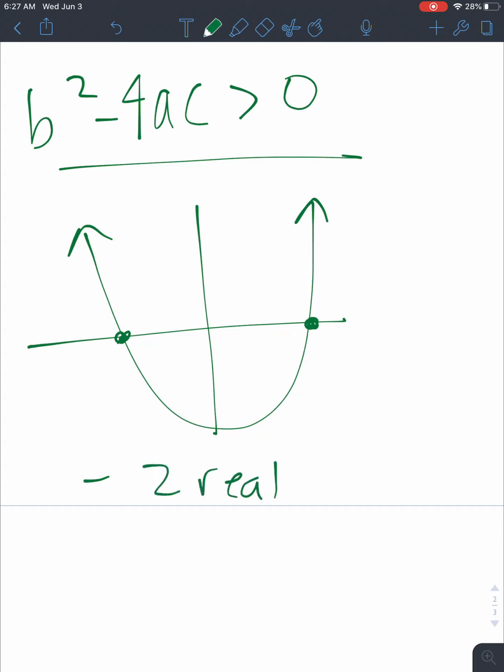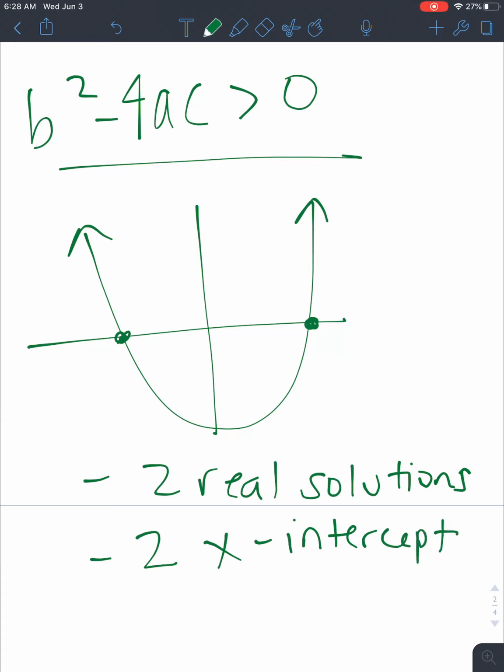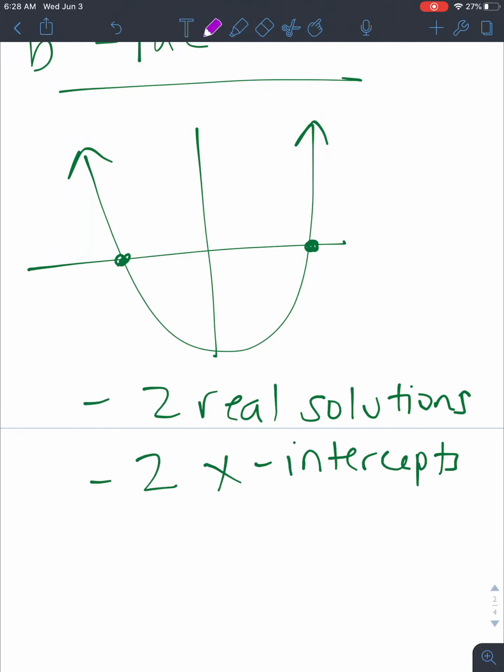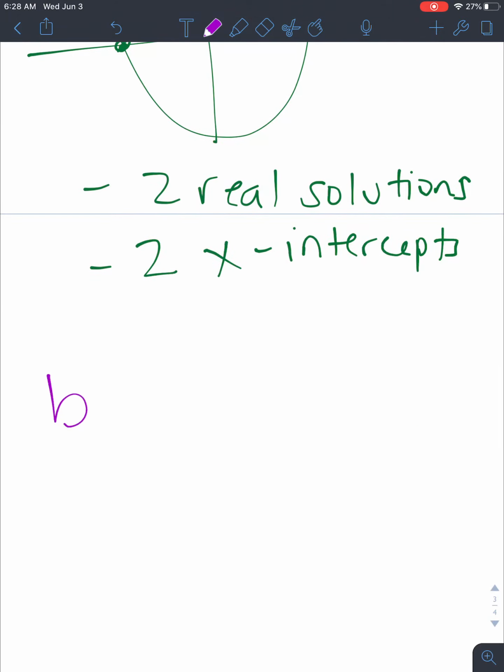Real meaning that they're not imaginary, which means that you don't have to take a square root of a negative number. You'll learn about imaginary numbers in advanced algebra. So you have 2 real solutions and 2 x-intercepts. And that makes sense because your real solutions in your quadratic formula are the x-intercepts. Alright, so that was if b squared minus 4ac was bigger than 0.